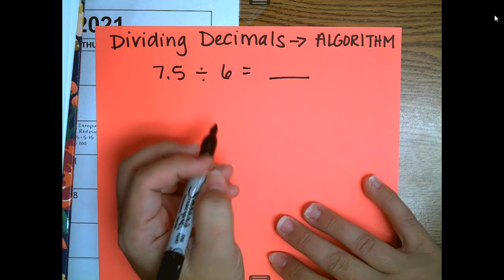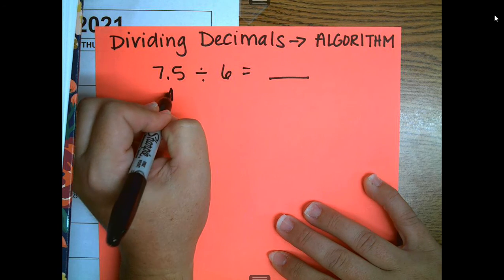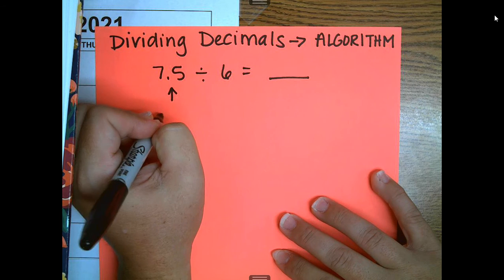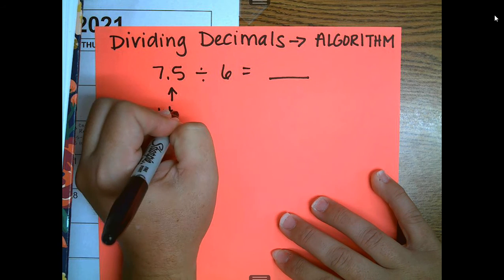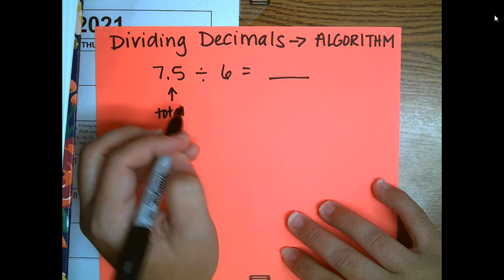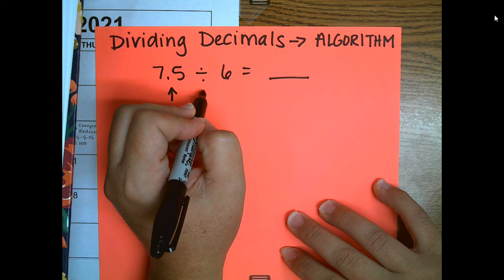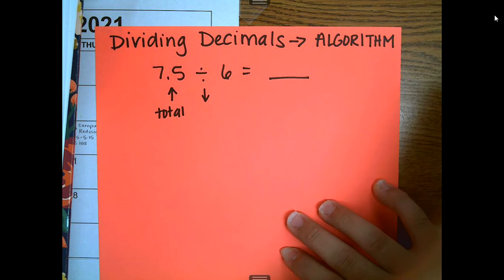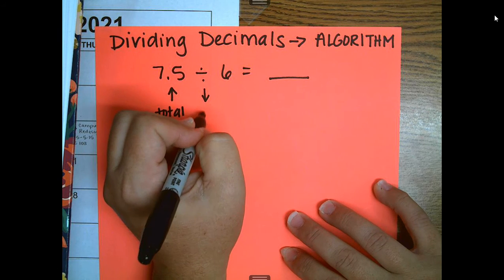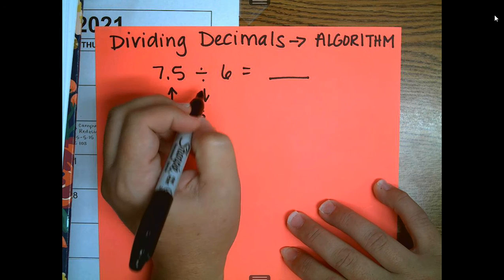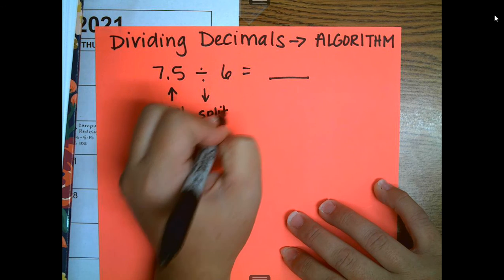So just to remember, our 7.5 here, this is our total. This is meaning that we are going to split that total into groups. So when you see that division symbol, think split into.